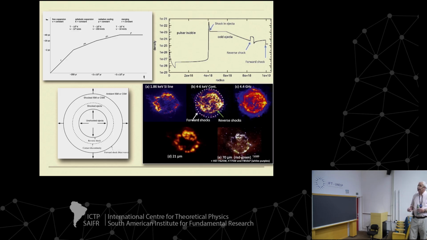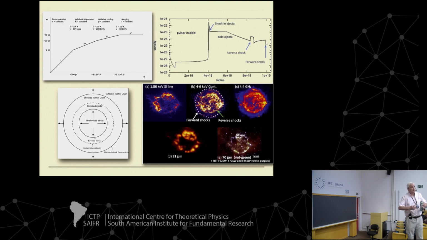Okay, this is the scheme of the unshocked ejecta, then the shocked ejecta, and this is the shocked interstellar medium. This is a density profile of a supernova that still contains a pulsar inside.